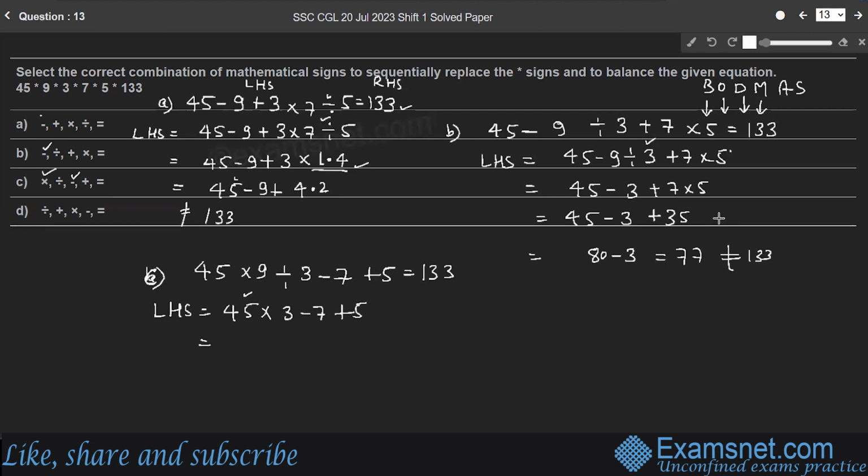Next comes multiplication: 45 into 3 becomes 135, minus 7 plus 5. So 135 plus 5 is 140, minus 7 is 133, which is equal to RHS. Therefore, option C satisfies the equation, or balances the given equation. If you replace the signs in option C in this order in place of the asterisk signs, it balances the equation. Therefore, option C is the right answer.